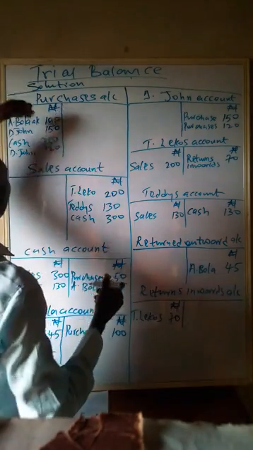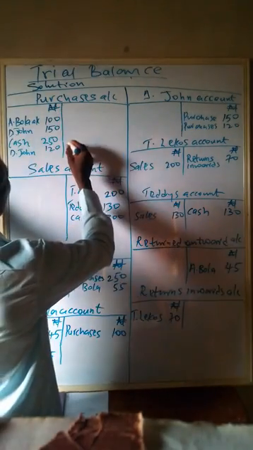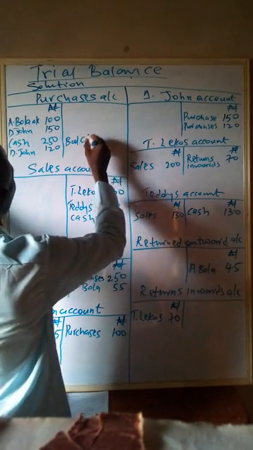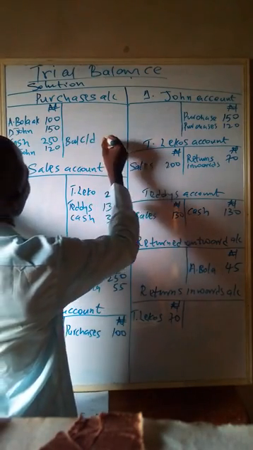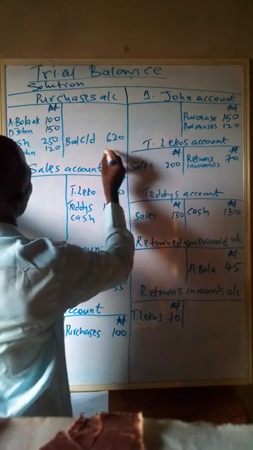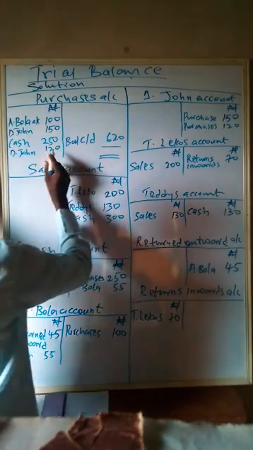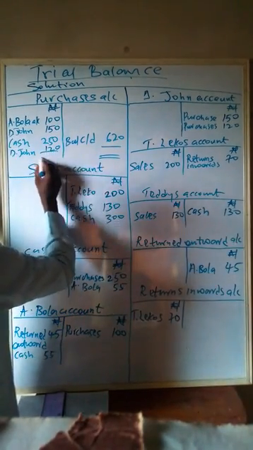The whole purchases I made in the period is 620. So I close it like this.